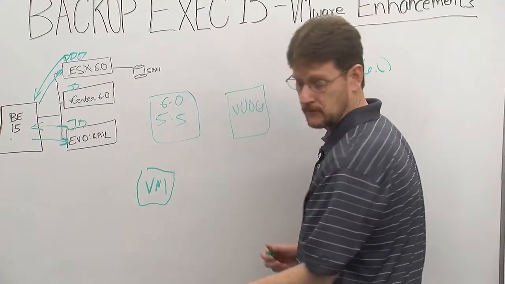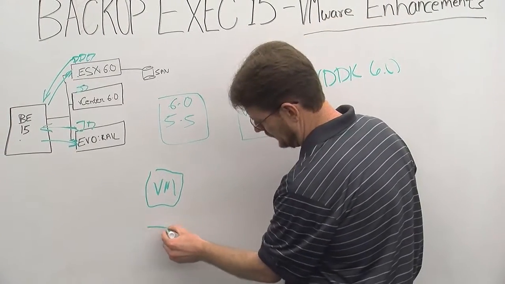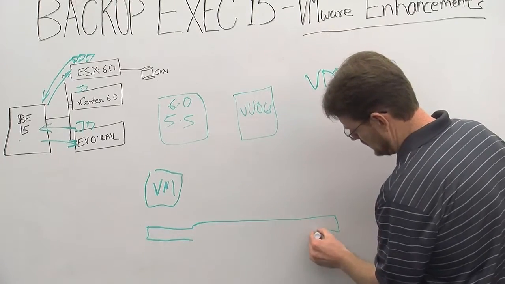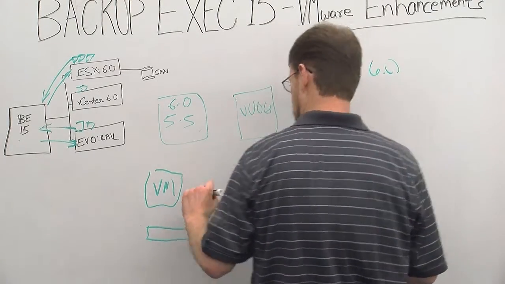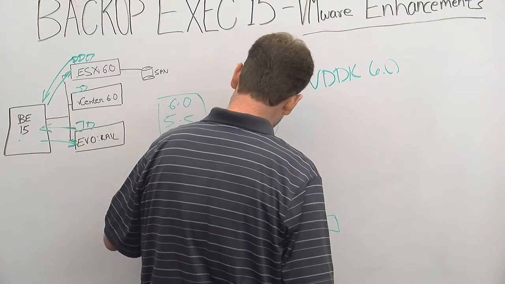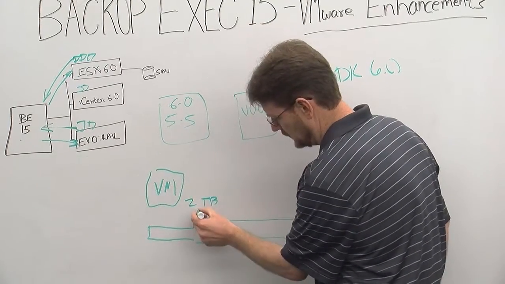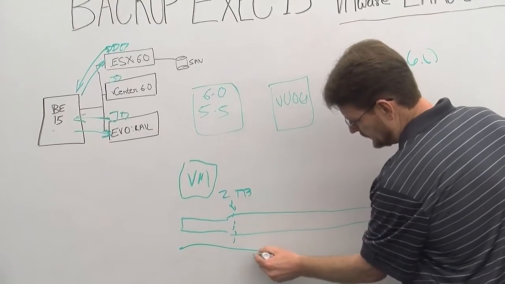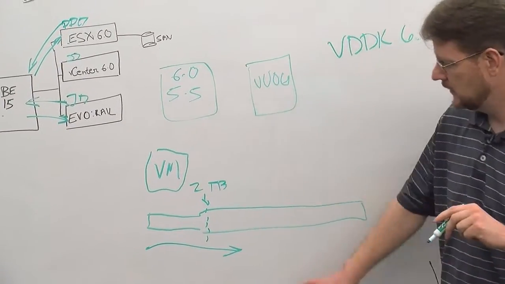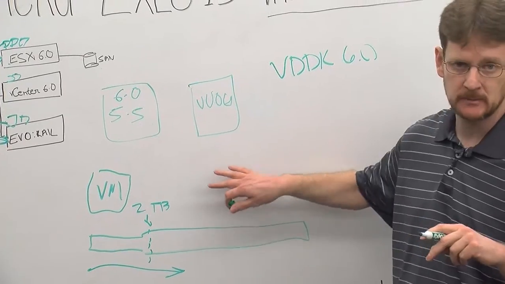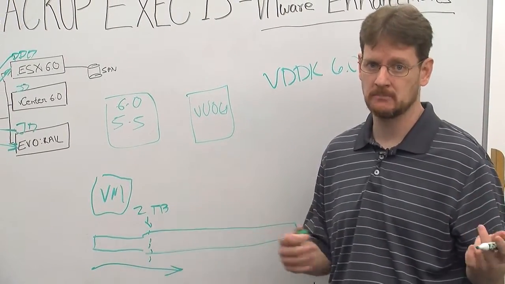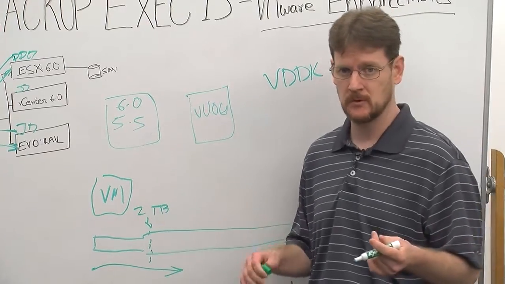So if you have a virtual machine that has a virtual disk that is greater than, let's say, 2 terabytes, so if this was the 2 terabyte marker, if your virtual machine's disk exceeds that in size, you can now back that up with Backup Exec 15 through the standard VADP optimized backup methodology that VMware supports.